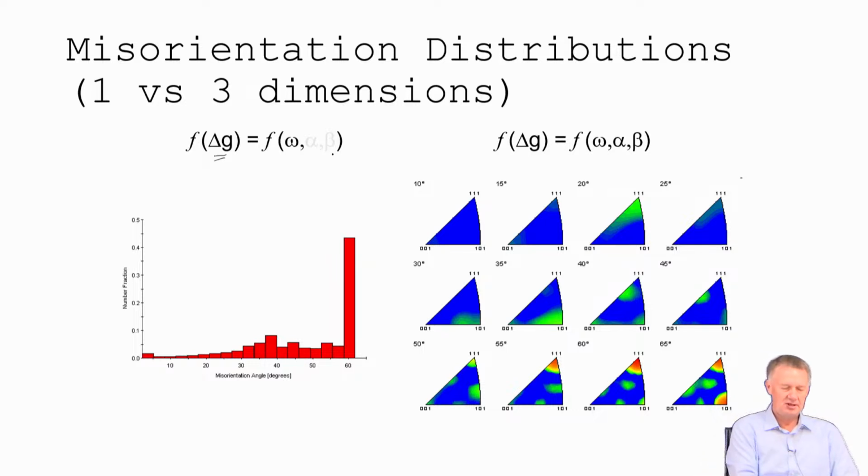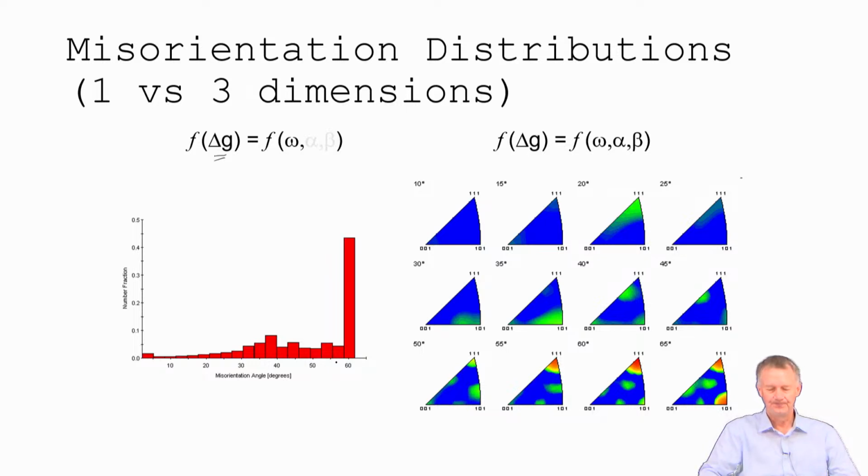And we can see what orientation angles we have to rotate one neighboring lattice into its neighbor. Right? So the orientation of one lattice rotated into coincidence with its neighbor on the other side of the grain boundary. This is the angle that's required to do that, and this is the distribution. So this is a one-dimensional function just showing a histogram of angles.